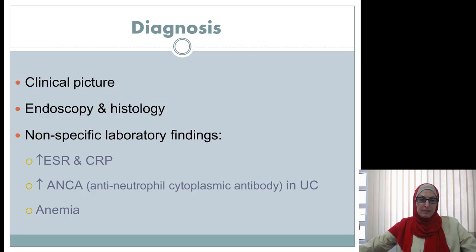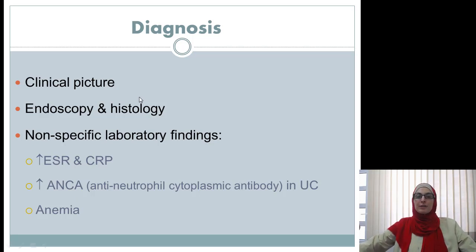How to diagnose inflammatory bowel disease?